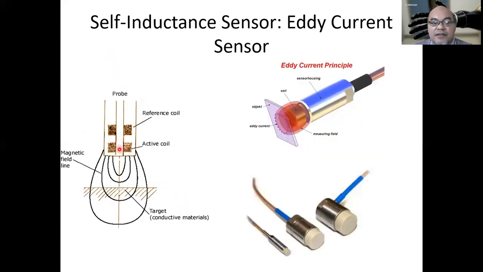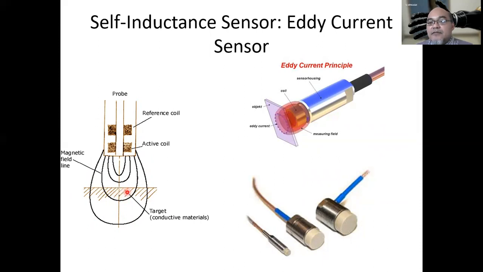So we have an active coil here surrounding a core. A magnetic field line will protrude from this probe, having a shape like this. So the target, which is a conductive material, will be exerted by these magnetic lines. As you see, when the conductive material moves closer towards this active coil, there will be more of the magnetic lines being captured that will hit this target.